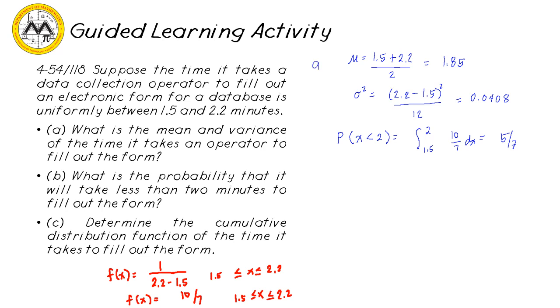So this is for A. For B, while for C, the cumulative distribution function, so we can have f of x is the integral from 1.5 to x of 10 over 7 du. So this is 10 over 7 times u.